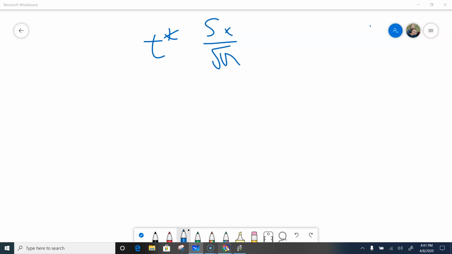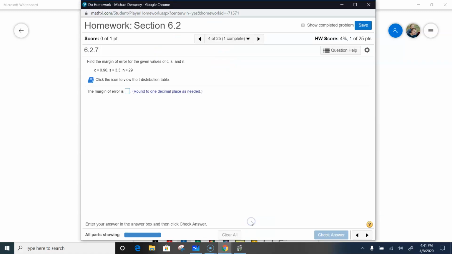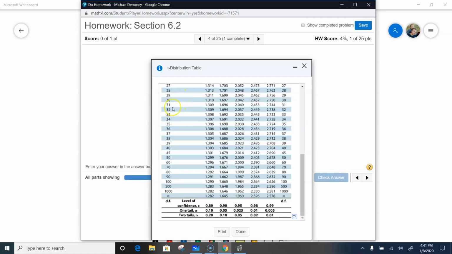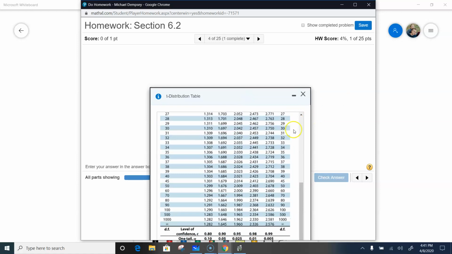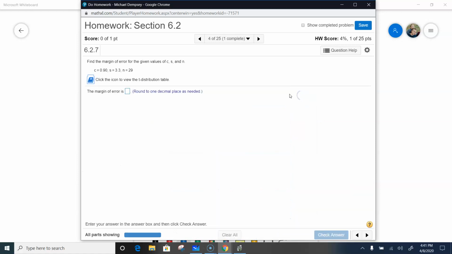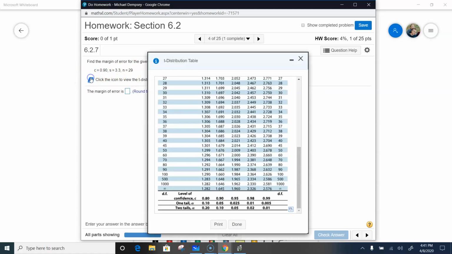So the first thing we have to do here is figure out what that critical value is for 90% and 28 degrees of freedom. So I need that T star. So I go down to 28 degrees of freedom, and we need to find 90%, I believe, for this, right? Let me see the picture again. Yeah, 90%, 28 degrees of freedom.